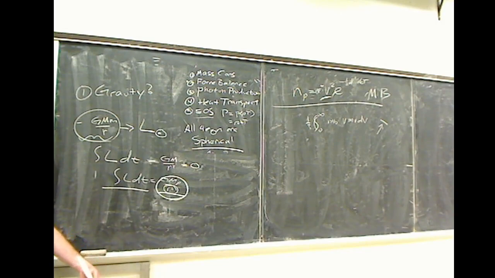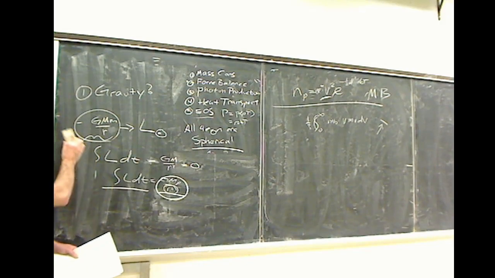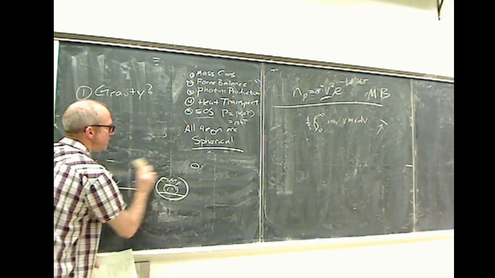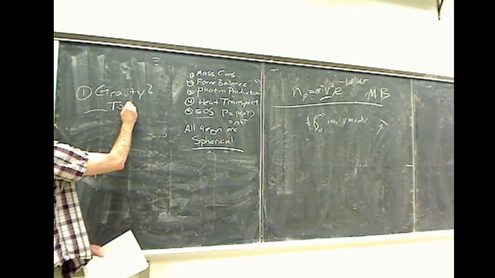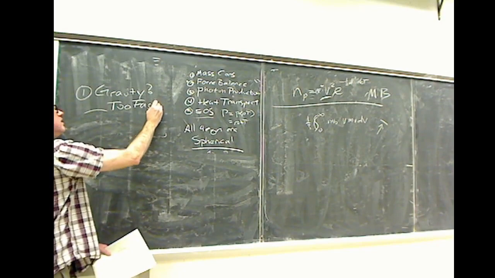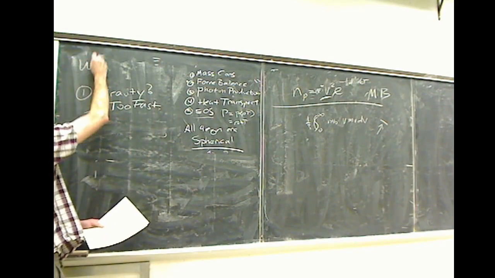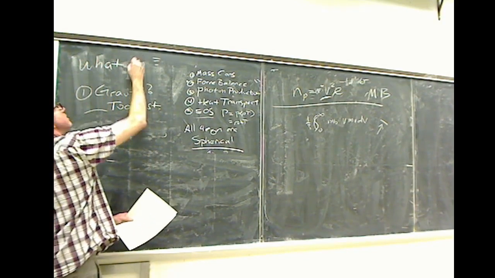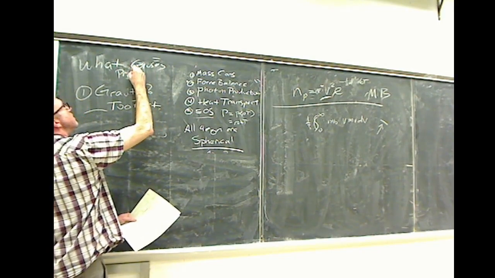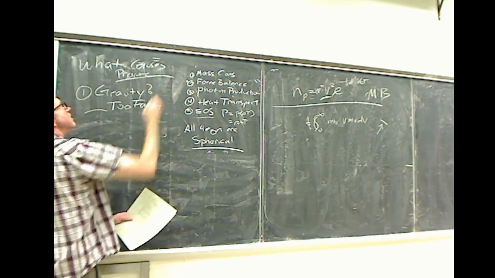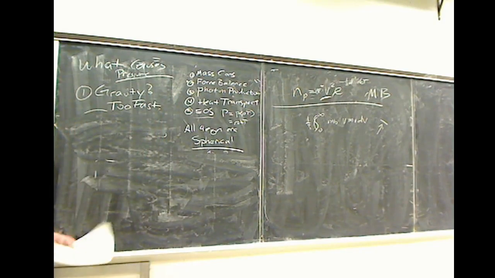So gravity can't be the only story. This is called Kelvin-Helmholtz contraction. So the question is, what causes pressure? And gravity isn't it, because gravity would do it too fast.